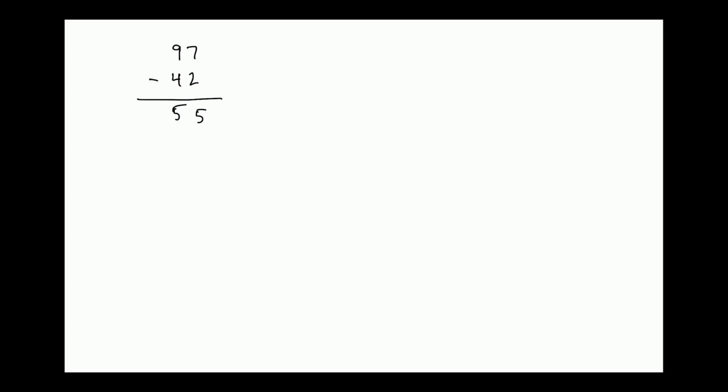My magic trick requires us to do this. There are 10 digits, 0 through 9, and I'm going to pair them up. I'm going to pair 0 with 9, 1 with 8, 2 with 7, 3 with 6, and 4 with 5. So I've paired them up. Let's take 42.